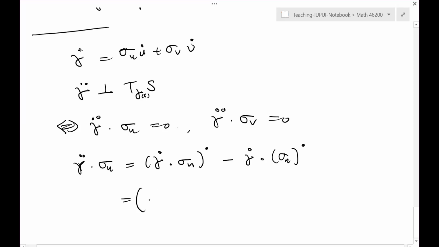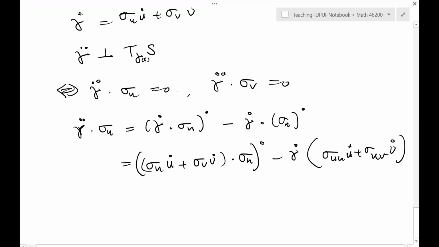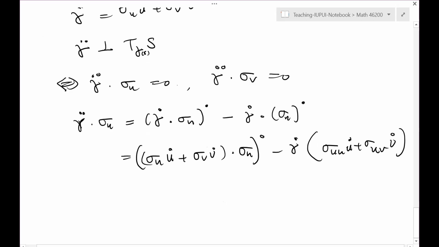I can express this with u dot, v dot, and minus gamma dot, and this will be u dot and sigma uu, v dot and sigma uv.